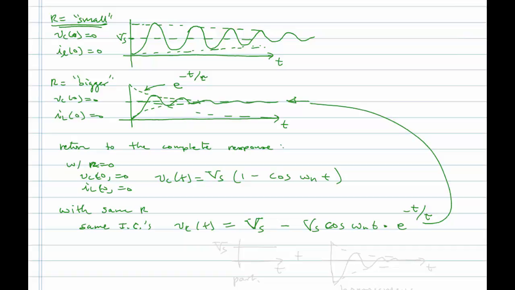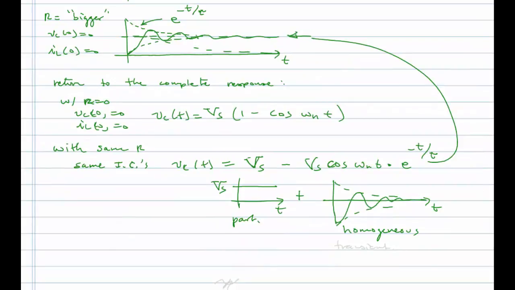That's very reasonable. And if we split this complete solution into two parts, we'll have a particular response, and we will have a homogeneous response, which will go like this.